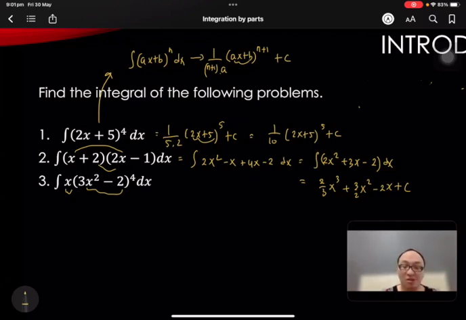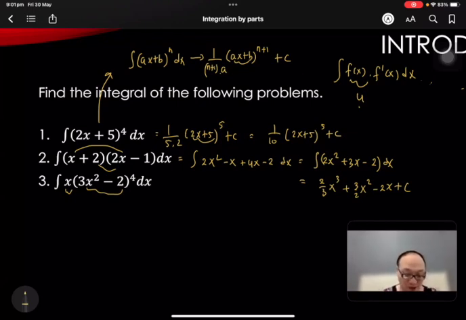So this is similar to number 1. We can use the substitution method, the integral of f(x) times the derivative of f(x) dx. So we can use f(x) as u, and later we will simplify the expression into the power rule.